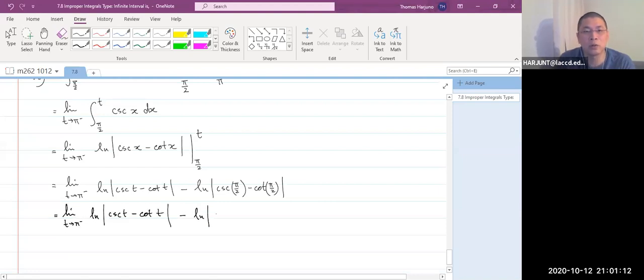Cosecant pi over 2 is 1, cotangent pi over 2 is 0.